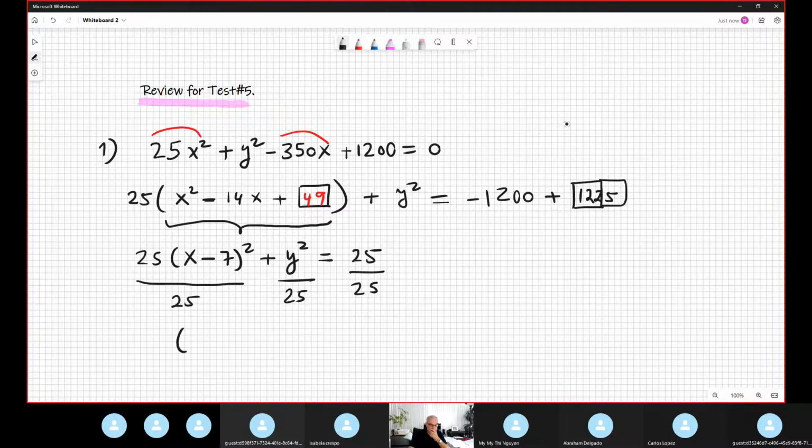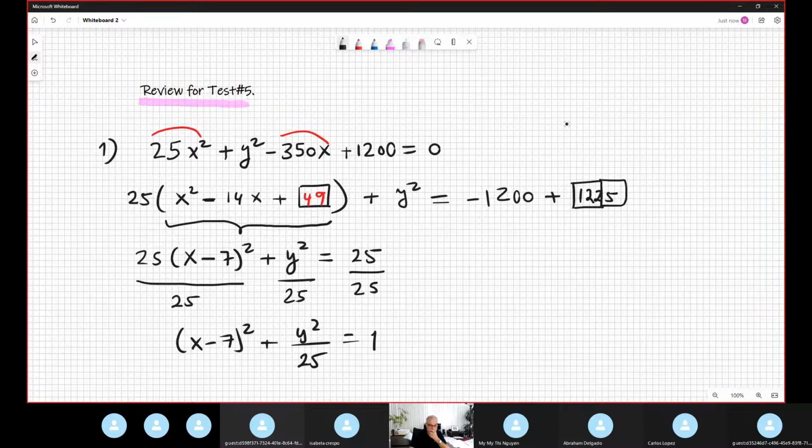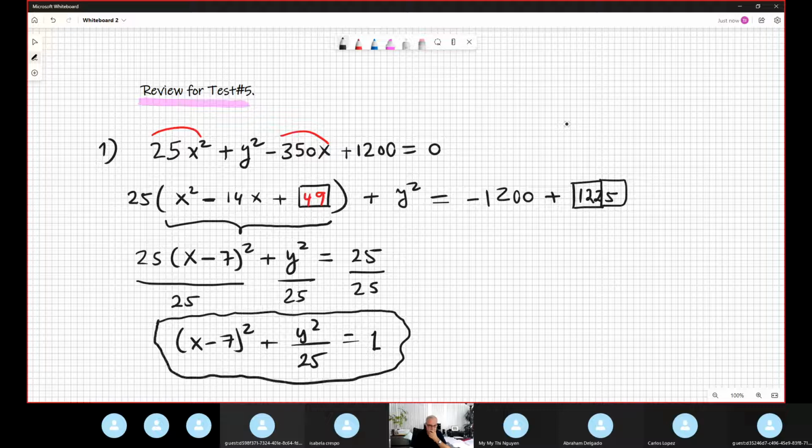So basically (x minus 7) squared, because 25 divided by 25 is 1, plus y squared over 25 equal 1. Wow, fantastic. This is my new equation, that by the way is 100% equivalent to the original. However, this is the standard form, so in standard form I can see everything clearly.